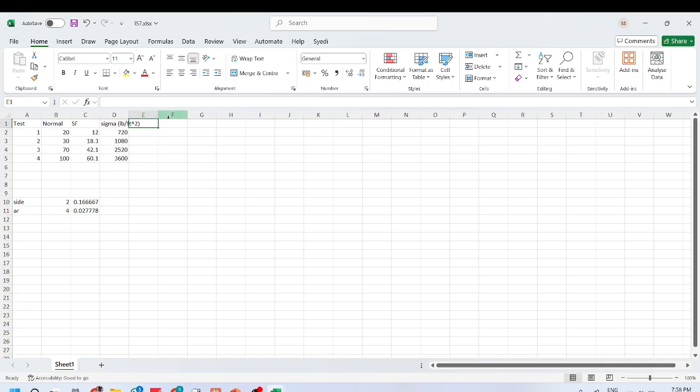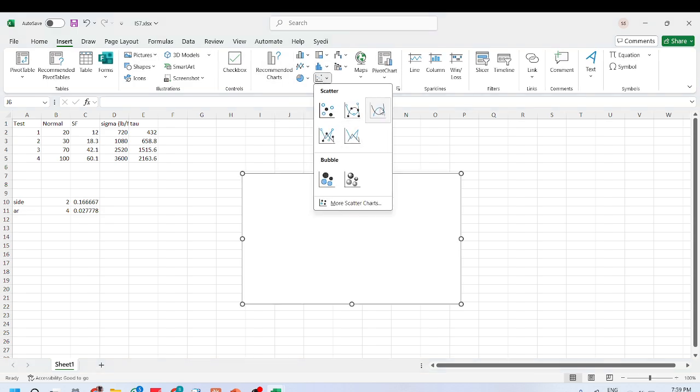Then we will have the shear stress, which will be this over this.